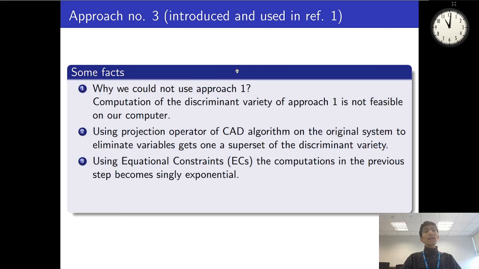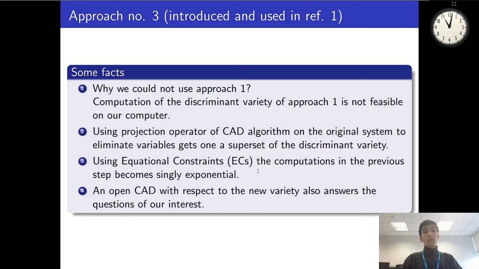Gröbner basis is known to be doubly exponential in the worst case. The projection operator of CAD is also doubly exponential, but using equational constraints, we can make the projection operator singly exponential. So that's a good trick that we use. So we replace the first stage with something free of Gröbner basis and singly exponential.